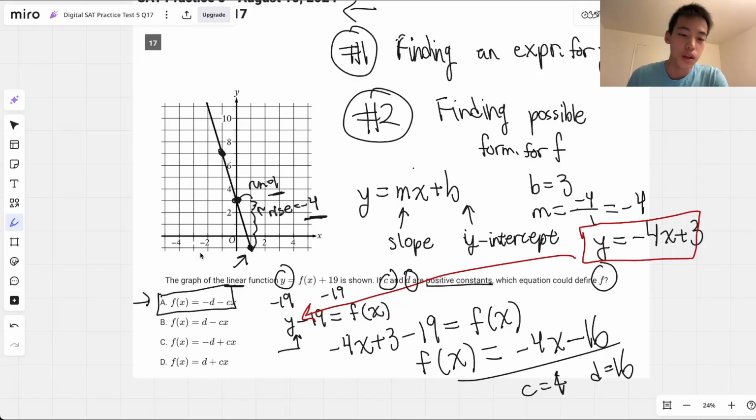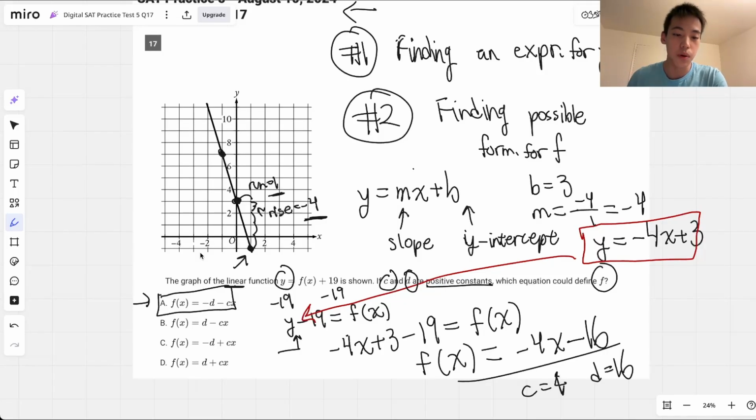Now we could obviously check B, C, D, but note that in B and in D, the intercept is positive. And so from our form of f, we know that the intercept is -16, which is not positive. So that rules out B and D.